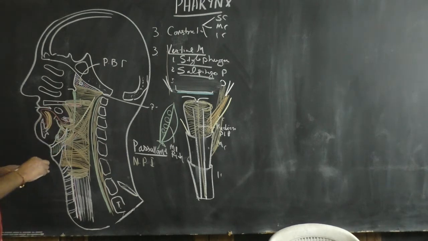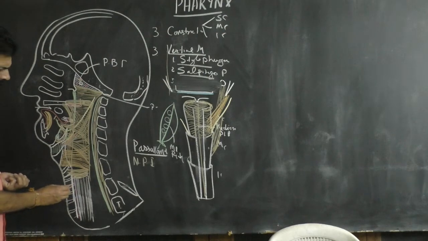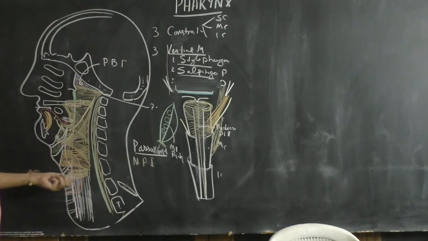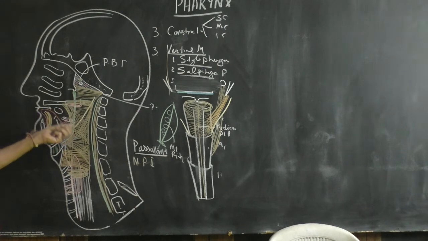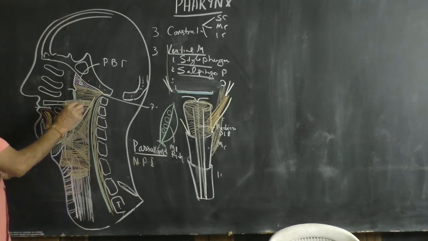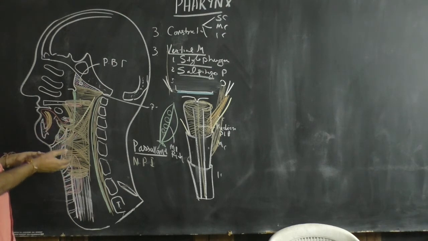And as we know, the thyroid gland is also attached to the trachea, the isthmus at the second and third tracheal rings, and the lateral lobe lies laterally over the pharynx also. So what happens during deglutition? The palatopharyngeal muscle contracts, Passavant's ridge contracts, so the whole muscle contracts and elevates the thyroid cartilage upward.